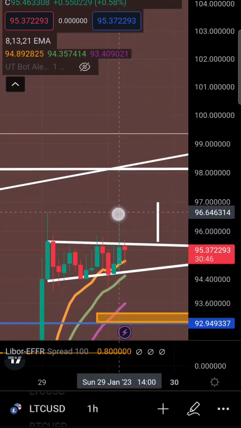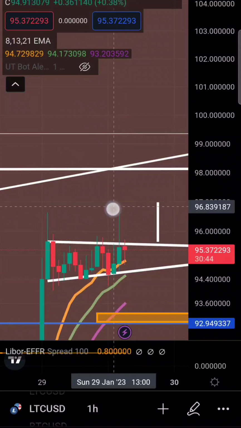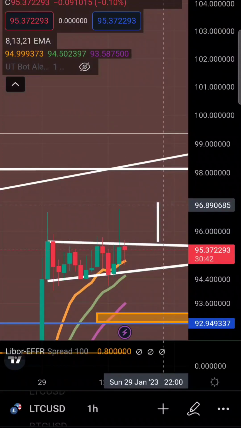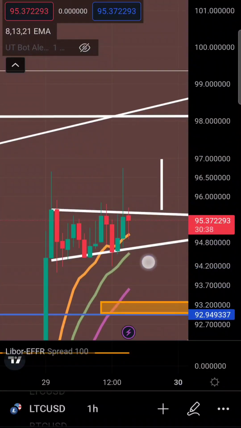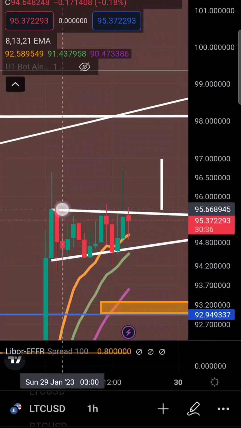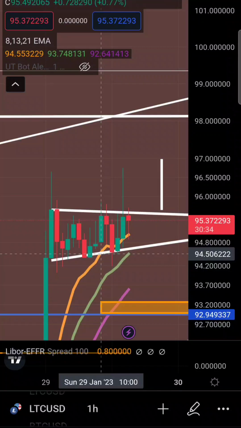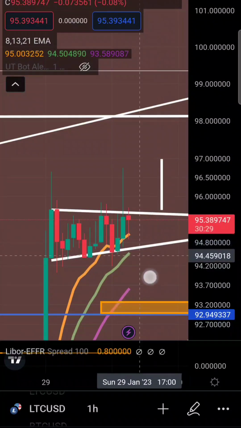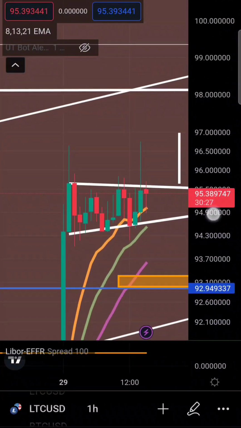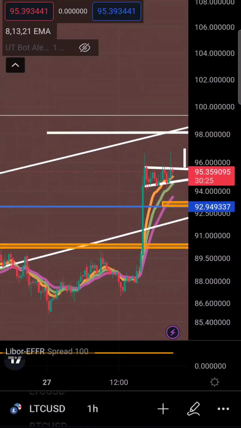We got some previous wicks over here, which is indicating that that is also a potential. So right now we just gotta watch out for this range. We're inside of this small range from 95 to 94, and as long as we stay above this range, we are bullish.